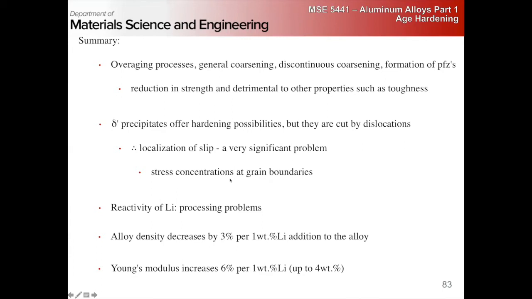The aluminum lithium space, and to a lesser extent, the magnesium lithium space, is really an active area for structural metals. There's a lot of gains that can potentially be made there. So that's why I spent a little bit of extra time on it.